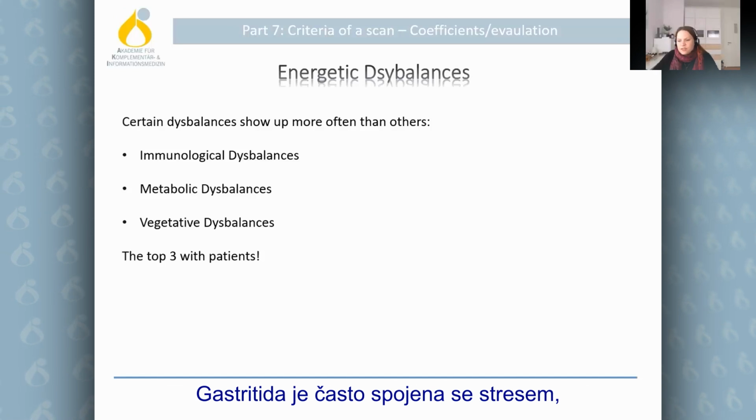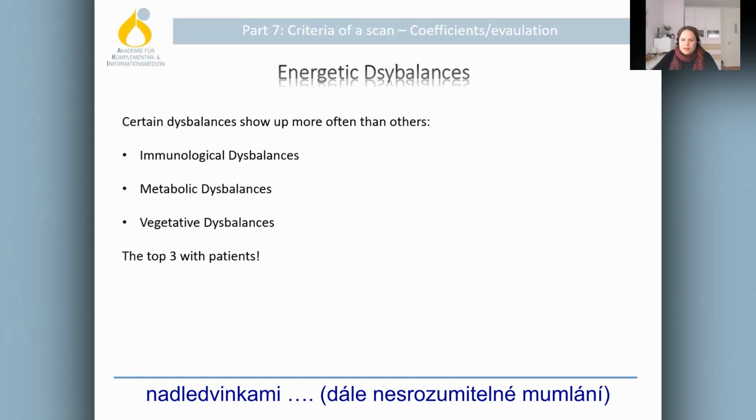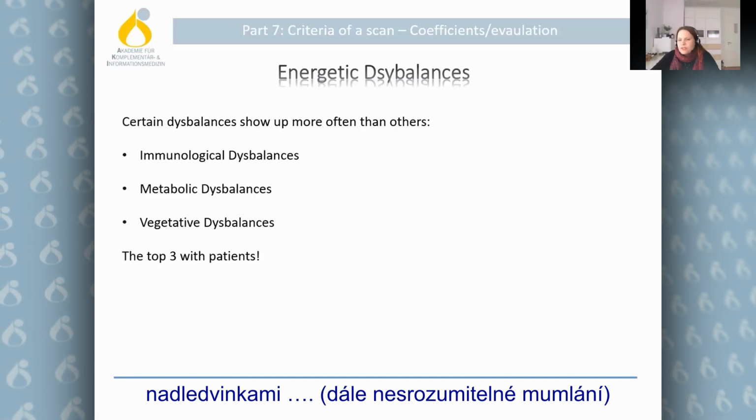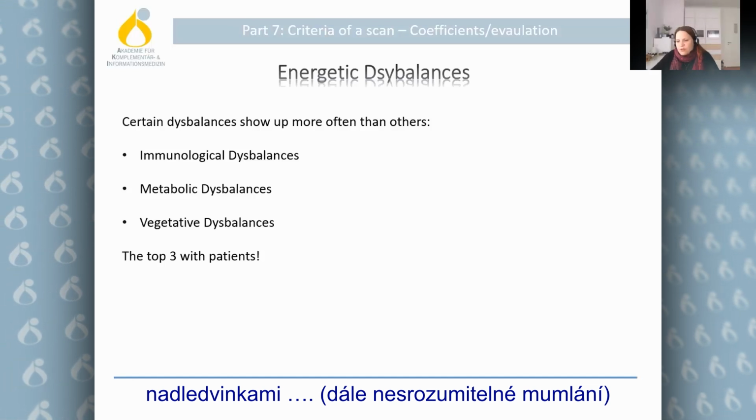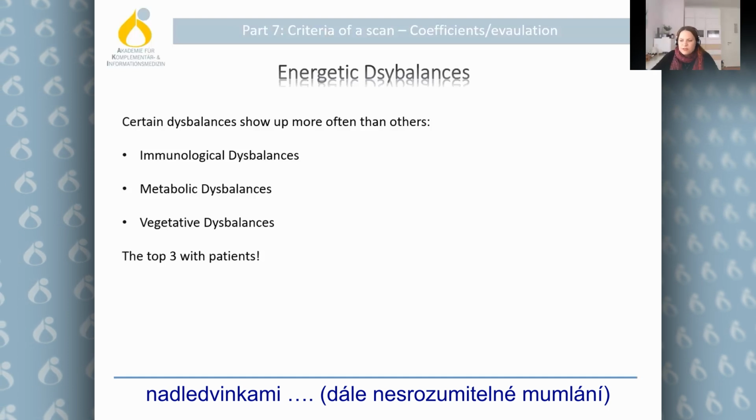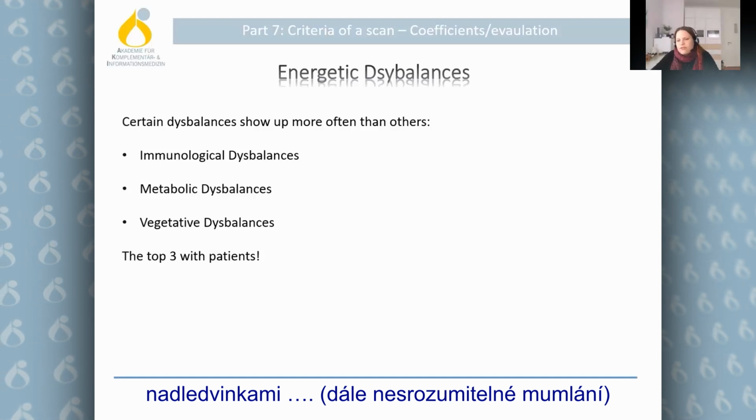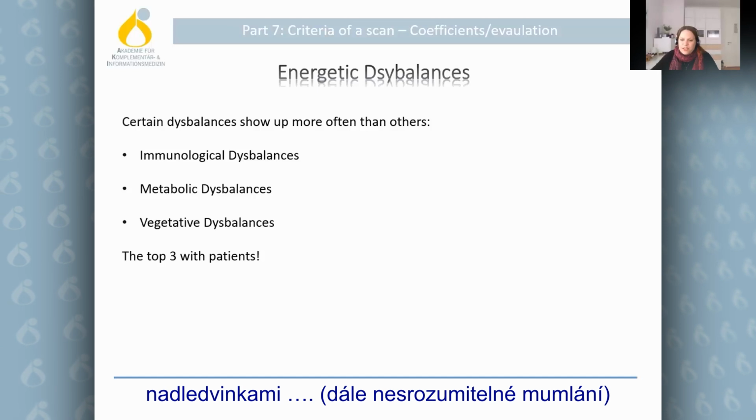So gastritis is really often connected to stress, to the adrenal gland, for example, the hypothalamus, hypophysis. This is why we have gastritis really often: it's one part of the system that shows up really well and really fine, so that we can treat it and see what's going on there.